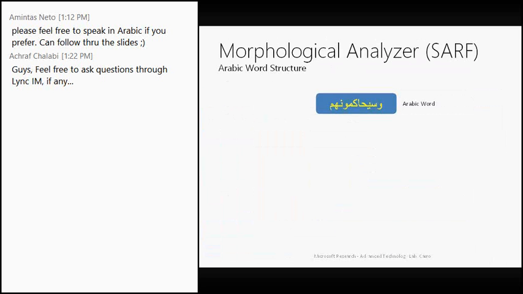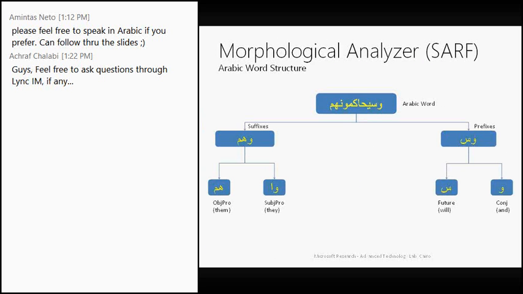Before going into the details of SARF, I want first to explain the Arabic word structure in general. So I will pick this word as an example, وَسَيُحَاكِمُونَهُمْ, and we can see that it consists of two prefixes, where the "و" is a conjunction, and the "سـ" here is a future particle, plus a subject as a suffix, and also an object as another suffix.